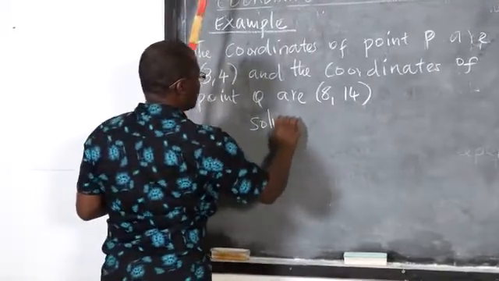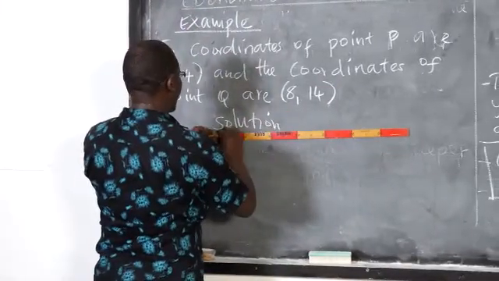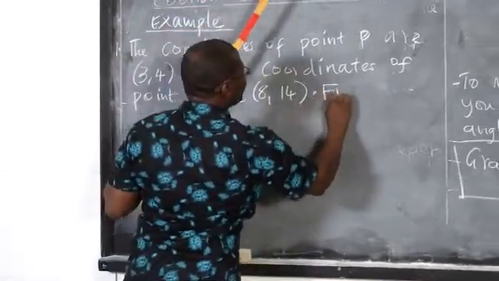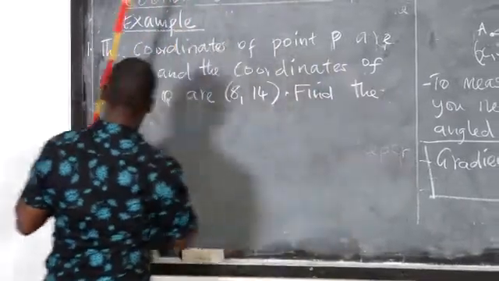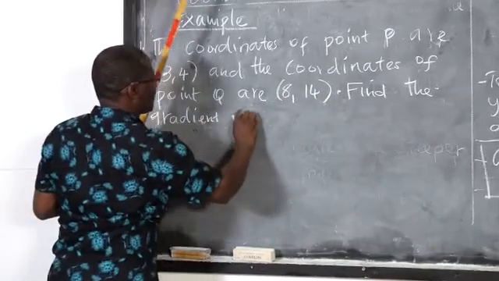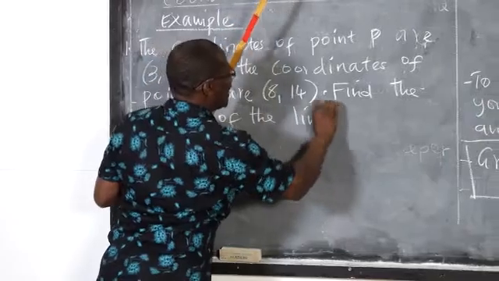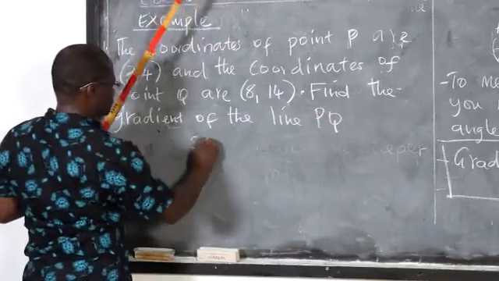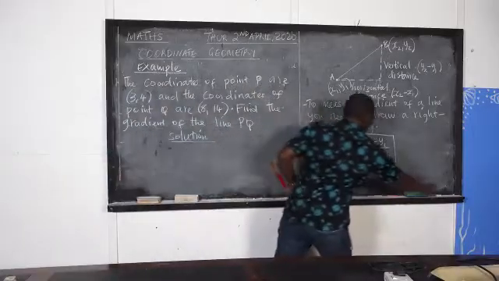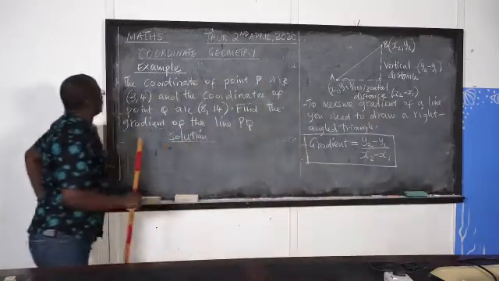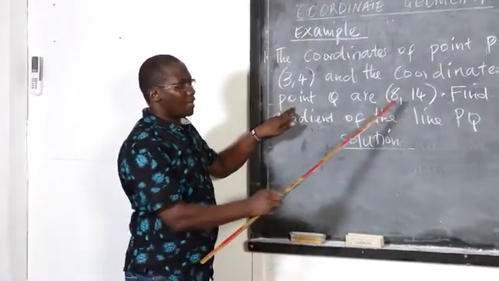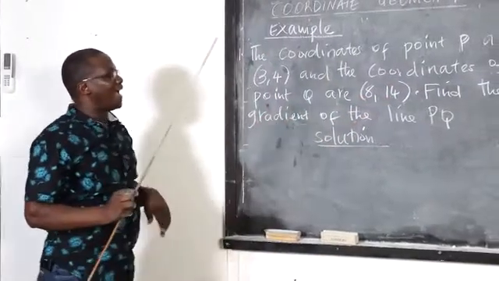So we have 2 points. Find the gradient of the line PQ. So that's our question. The coordinates of point P are (3, 4), and the coordinates of point Q are (8, 14). Find the gradient of the line PQ.